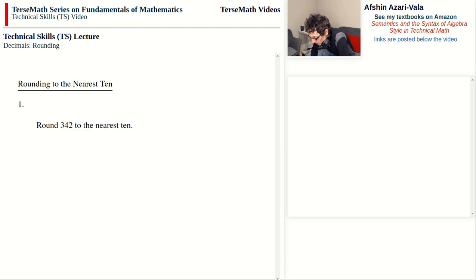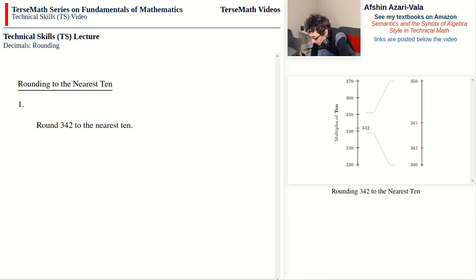Problem number 1, round 342 to the nearest 10. In order to do this, the idea is to find the multiple of 10 that's closest to 342. And remember that multiples of 10 are negative 30, negative 20, negative 10, 0, 10, 20, 30, and so on.